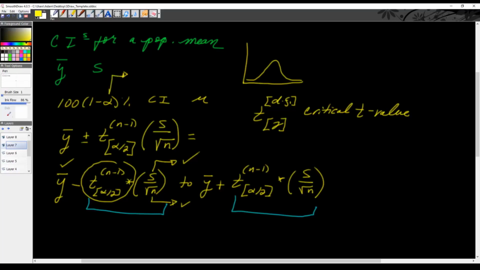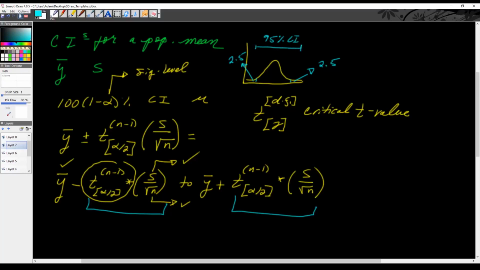Alpha is the level of statistical significance. It's the significance level. We get to pick it. And if we want to be 95% confident, we'll say alpha is equal to 5%, which means that we're taking alpha divided by 2 and we're putting 2.5% in each tail under the t-distribution, and we're going to find this 95% confidence interval range.